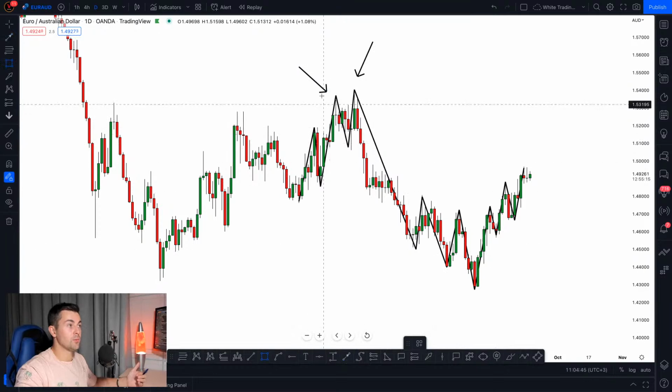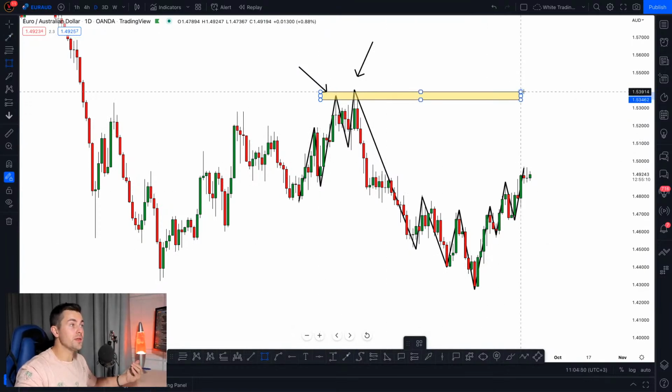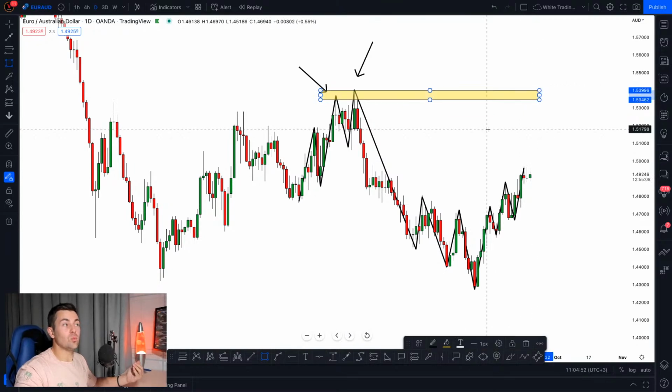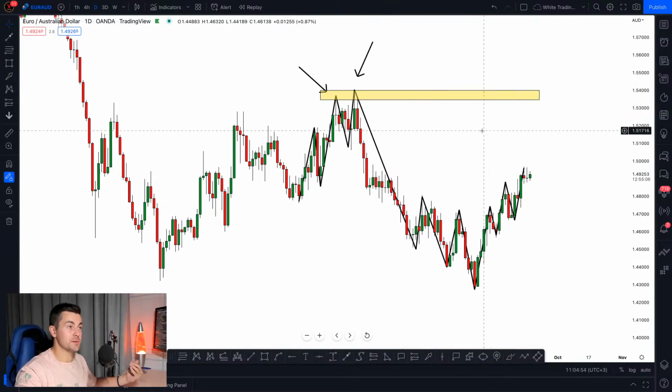So by this structure, we mean the level or the area that was respected by the market participants in the past. And because in the past that level or area was important, we assume that in future the market may react to that structure similarly.